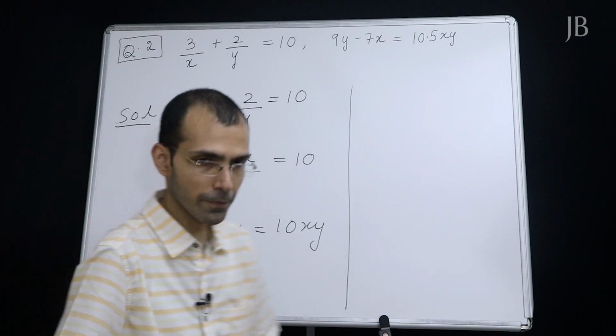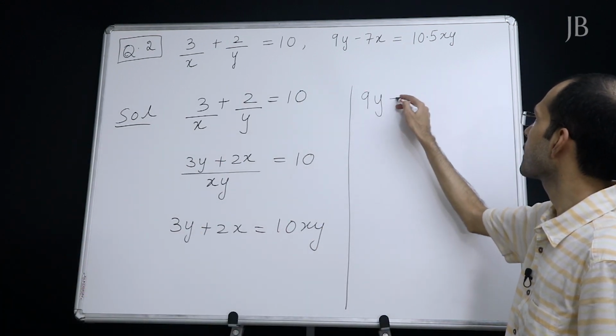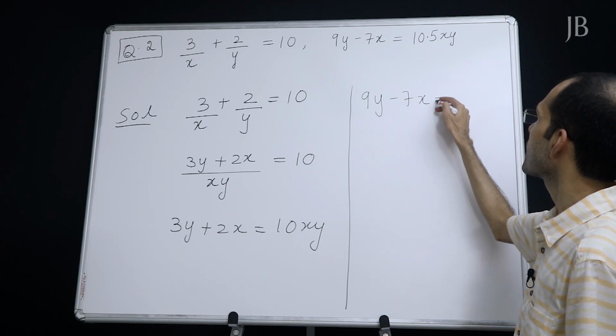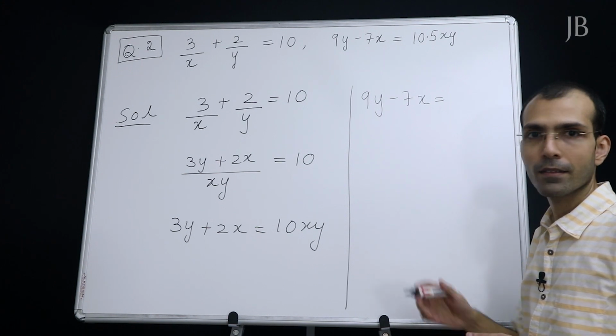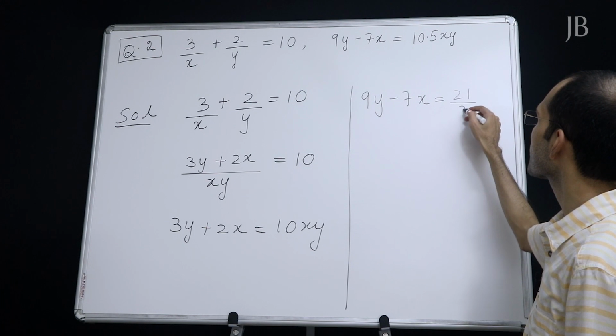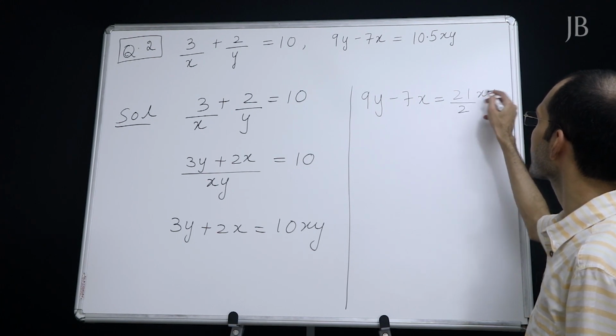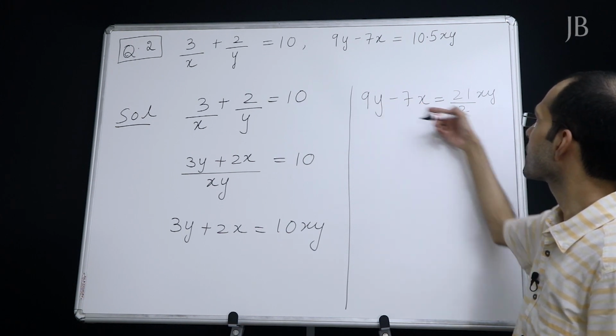Now let's come here. This will be 9y minus 7x. 10.5 can be written as 105 upon 10. Just simplify, cancel by 5. Finally it will work out to be 21 upon 2 xy. xy is in the numerator, of course. Now 2 can be taken here easily, no?